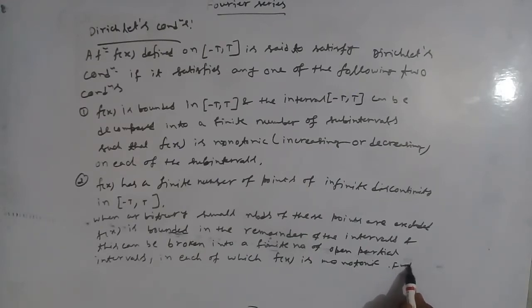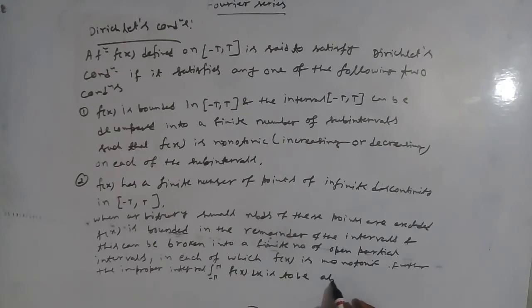Further, the improper integral from minus pi to pi of f of x dx is to be absolutely convergent. Okay.